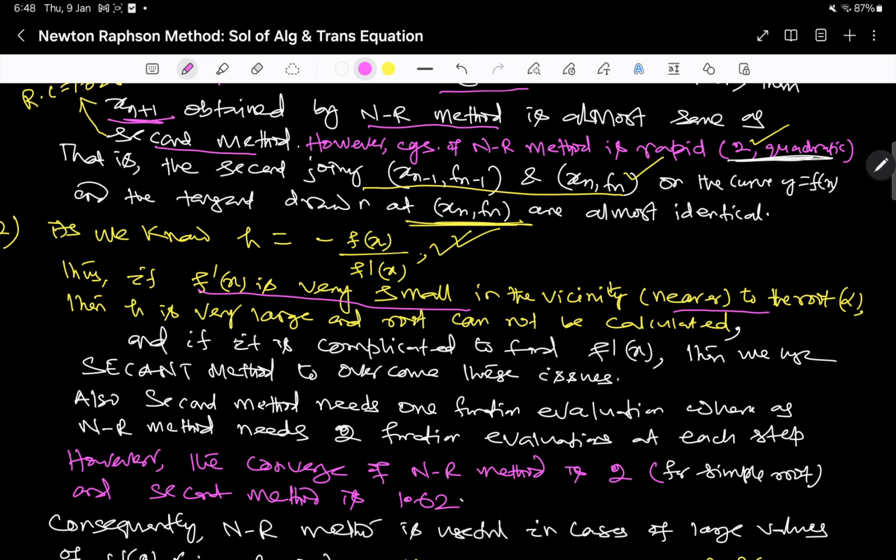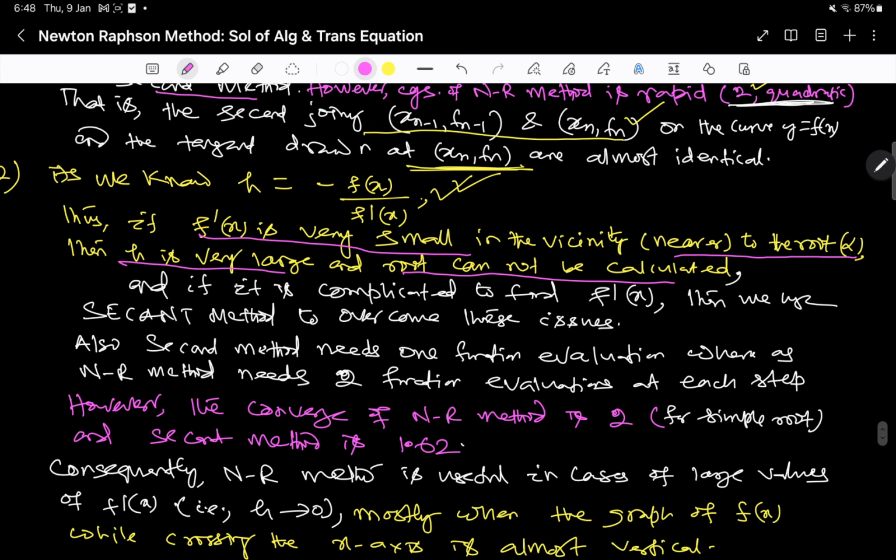Near the root alpha, h is very large. If h is very large, then Taylor's method cannot be applied here and the root cannot be calculated, right? And if it is complicated to find the derivative, then also this method is not applicable. So in such cases we use the secant method.